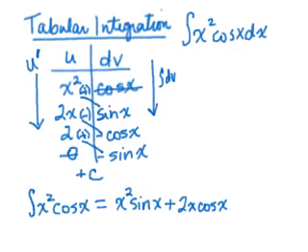Actually, we're adding a negative. And then add c. And that's the same answer we got the first way. The larger your exponent, the more useful tabular integration is. And now we're going to do an example where we cannot use tabular integration because we have both a cosine and we have an exponential function.